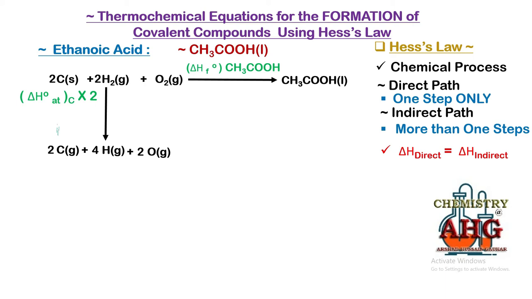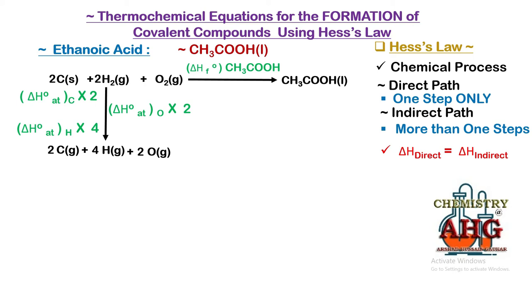Likewise, you can write enthalpy change of atomization of hydrogen multiplied by 4 because there are 4 mole of hydrogen. And for oxygen we can write enthalpy change of atomization of oxygen multiplied by 2. So now this equation, the first step in the indirect path for the formation of a covalent compound, has also become a thermochemical equation in this case.